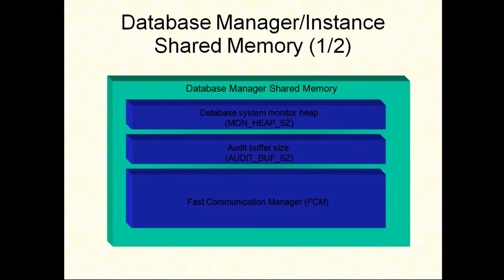But before that, you need to enable the audit, and you need to provide some memory to the audit buffer size. And the third one is the fast communication manager. When you have multi-partition databases, you have the fast communication manager enabled, and you will provide some amount of memory to the FCM.